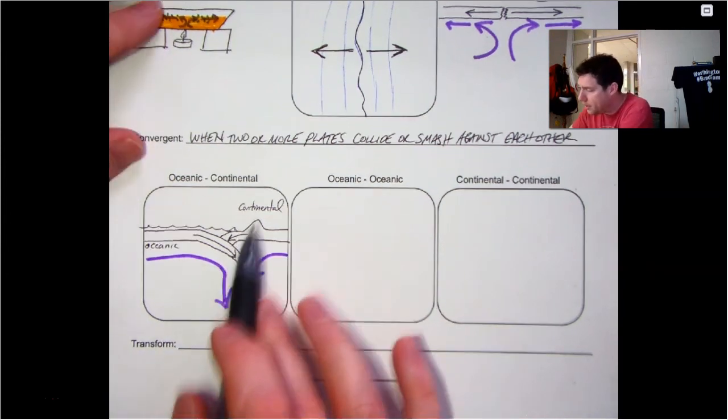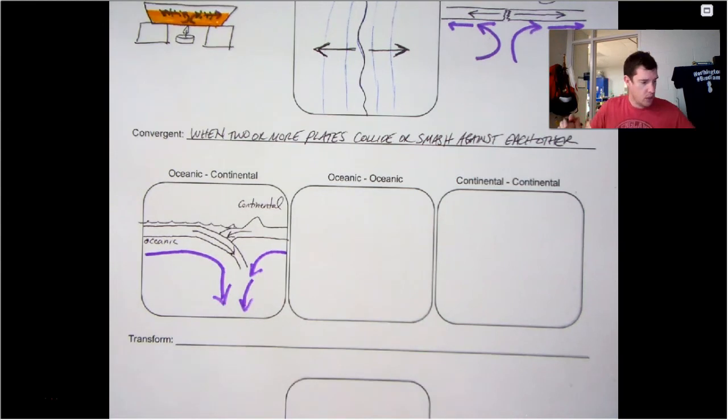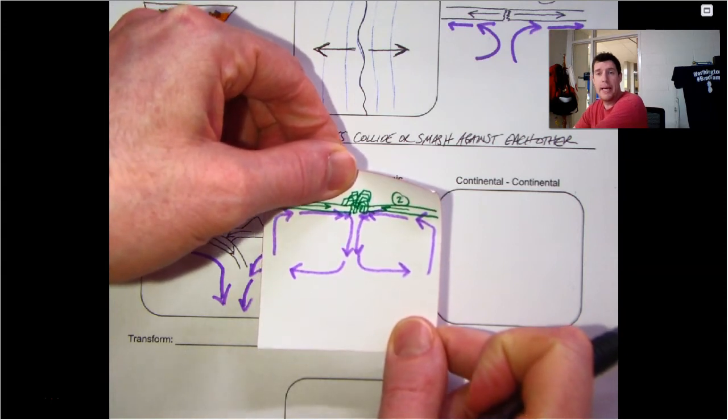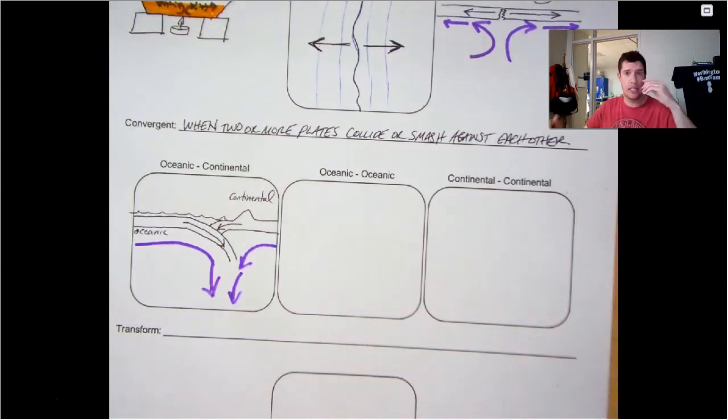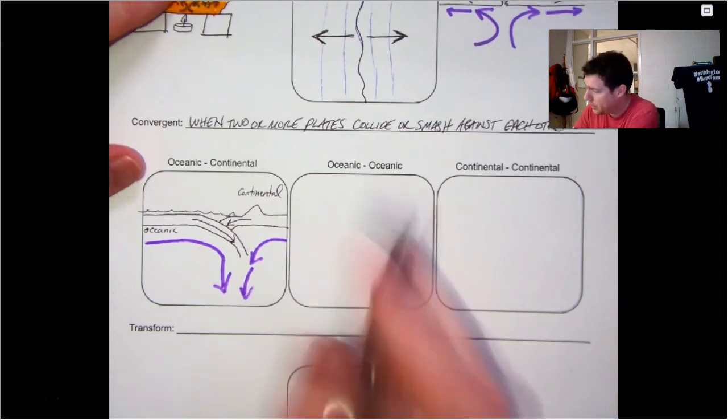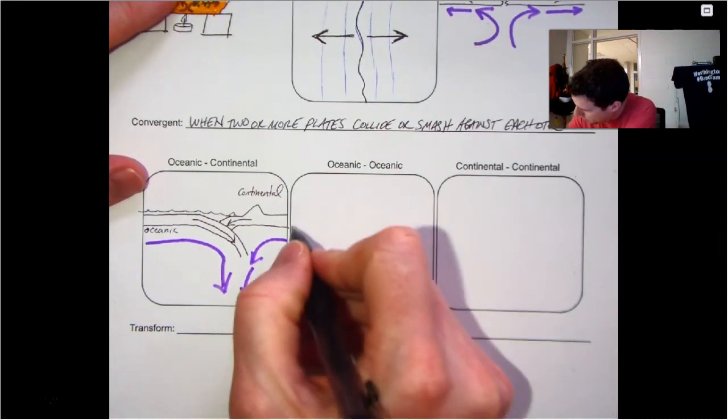So there's one result of this. You can get oceanic crust and continental. Oceanic goes down under, continental crust gets buckled upward. And a lot of these are out in the ocean, you can have oceanic to oceanic.